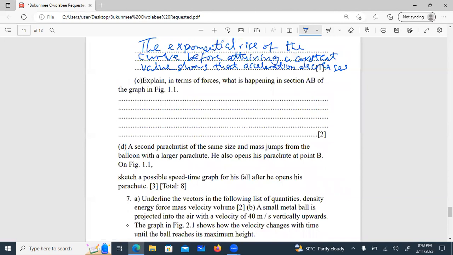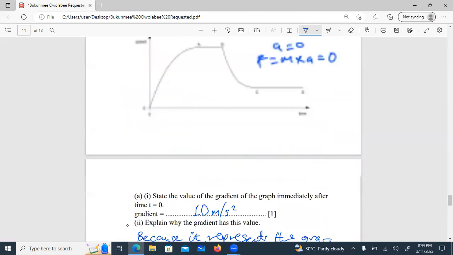Explain in terms of forces what is happening in section AB. So at AB, there is no net force on the object. There's no net force on the what? Is it object?